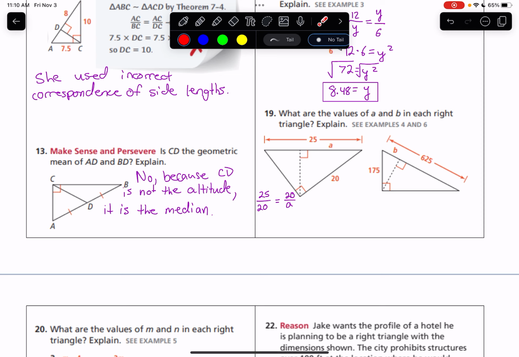So that gives me 400 equals 25a. Divide both sides by 400. And nope, I'm not dividing both sides by 400. That would be wrong. I'm dividing both sides by 25. And I end up with 16.